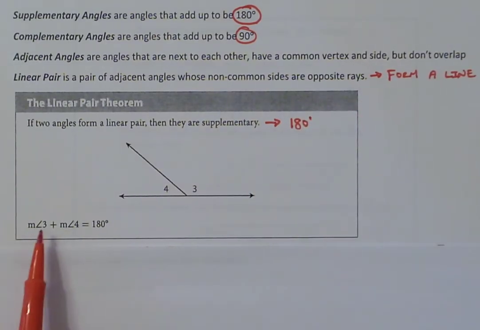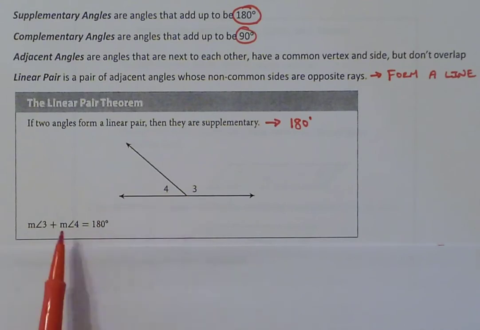So what it states is the measure of angle 3 plus the measure of angle 4 equals 180. So, just to shorten this, a linear pair is supplementary. So if two angles form a straight line, they add up to be 180.